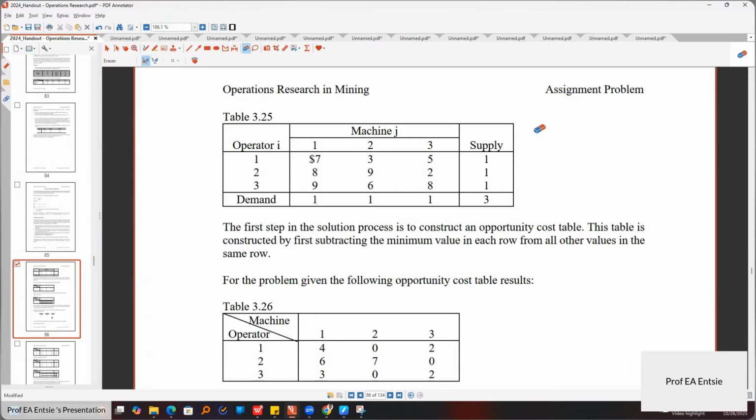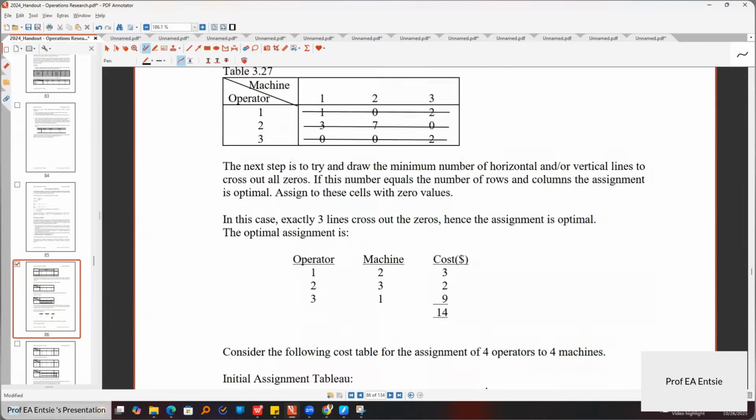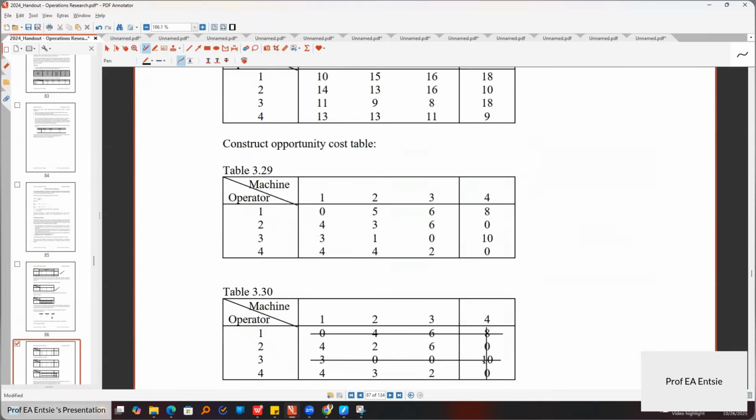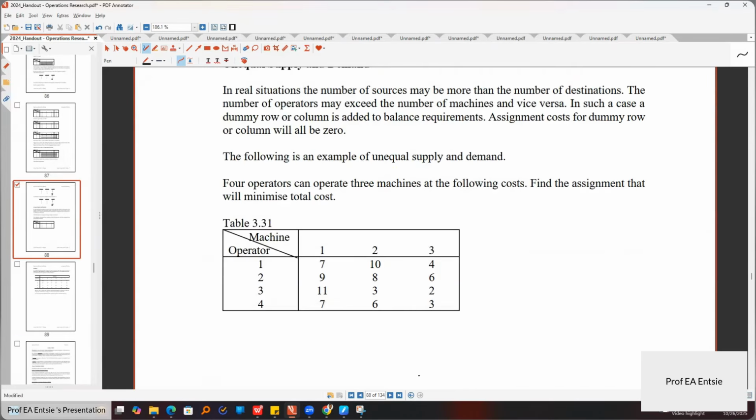So we've done this for the first time we did. Done this one too. Done this one too. Then this was the one that we just did.